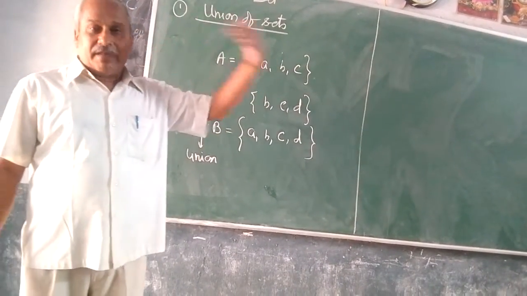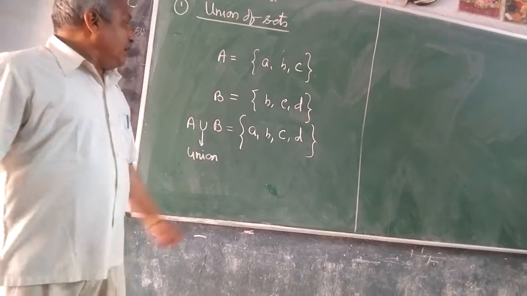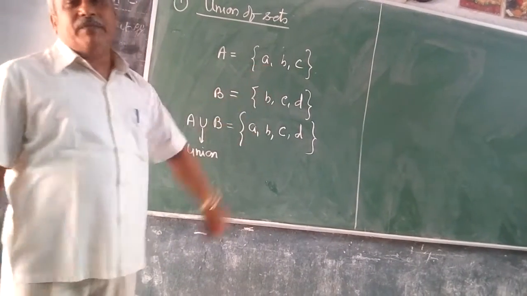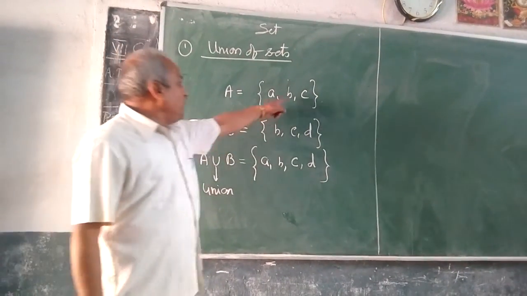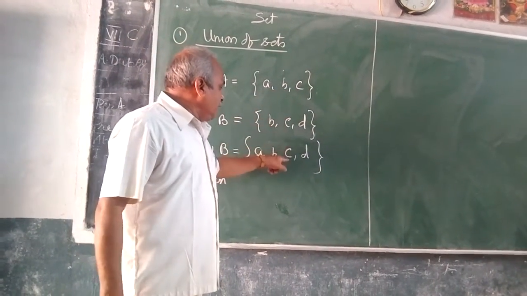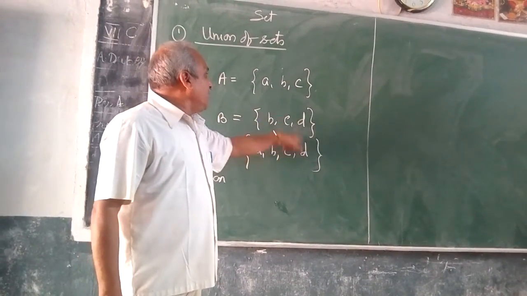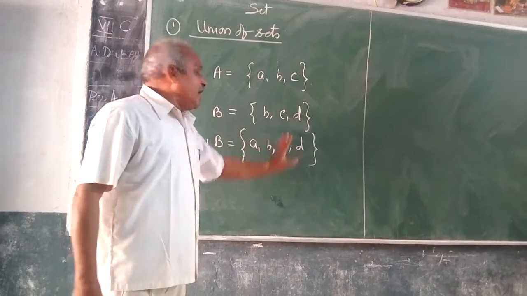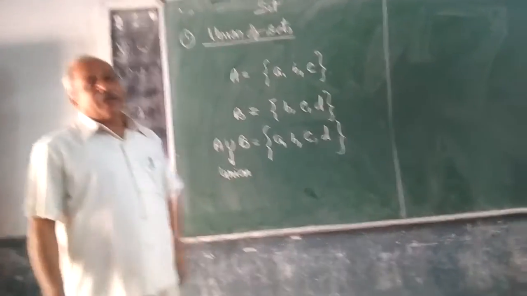It is the very fundamental definition of a set that repetition of elements is not allowed. Therefore, in place of two b's we have written only one b, and in place of two c's only one c, while a and d are different. Therefore, it is the set A union B.